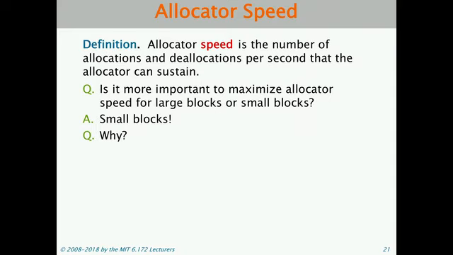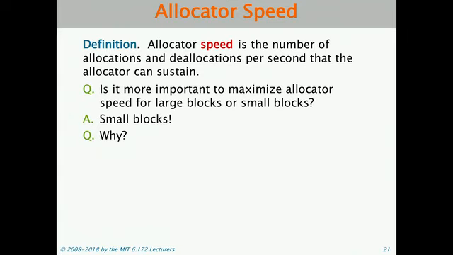Here's another question. Why? Because chances are you're going to be doing a lot of those compared to the number of large blocks. Yeah, so one answer is that you're going to be doing a lot more allocations and deallocations of small blocks than large blocks. There's actually a more fundamental reason why it's more important to optimize for small blocks.